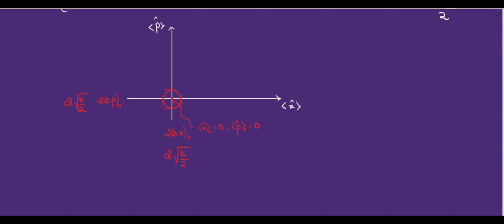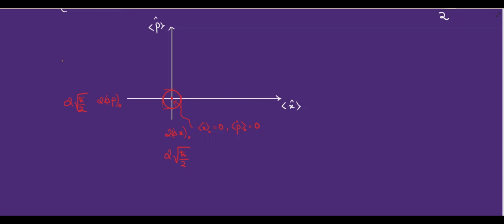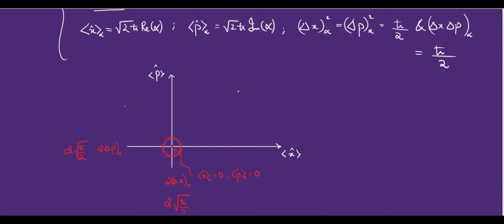Now let us represent the coherent state. So the coherent state will be centered somewhere away from the origin, any general coherent state. And again, the spread will be given by a blob of equal size as that of the vacuum state.